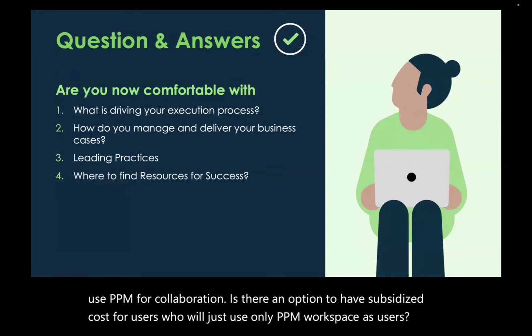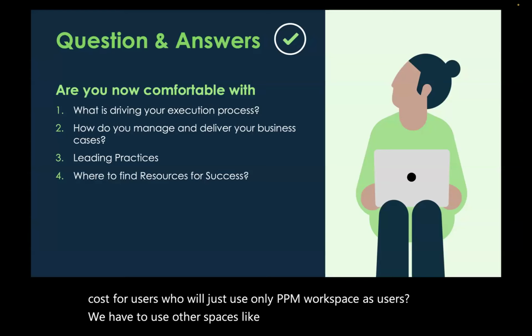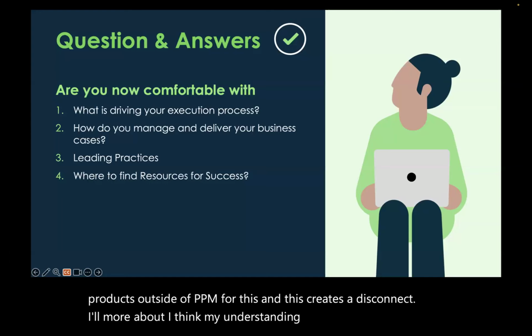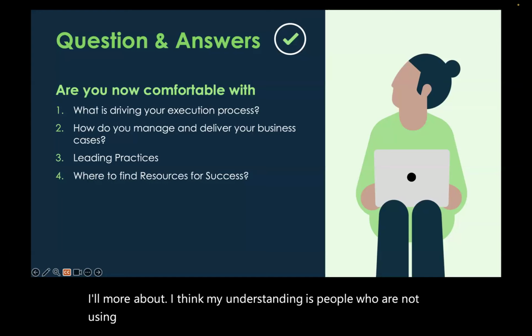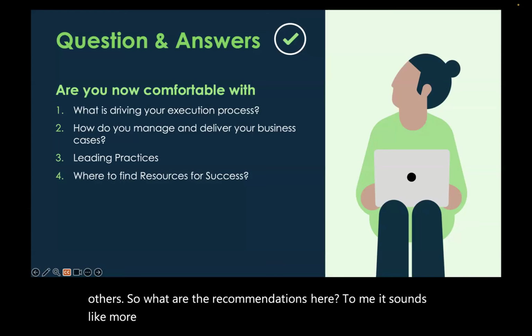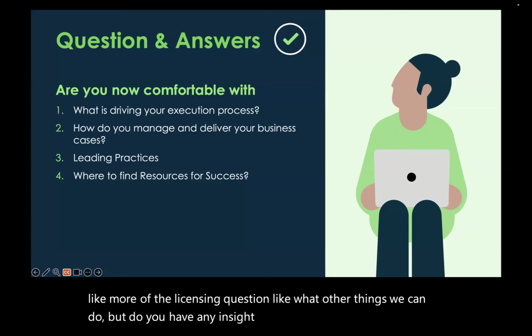We have to use other spaces like Loop and other O365 products outside of PPM for this, and this creates a disconnect. ML, my understanding is people who are not using it are not the specific person of a project manager, but others. So what are the recommendations here? To me, it sounds like more of a licensing question. Do you have any insight on this, ML?